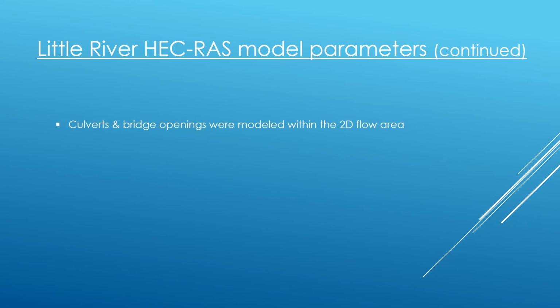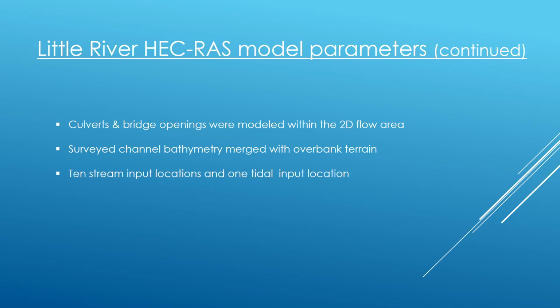Now, culverts and bridge openings were modeled within the 2D flow area. As I just stated, channel bathymetry was merged with the overbank terrain from the DEM. I had 10 stream inputs into the 2D flow area and 1 tidal input at the downstream end.